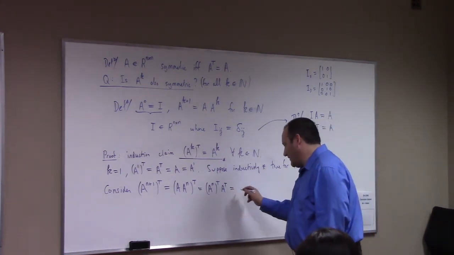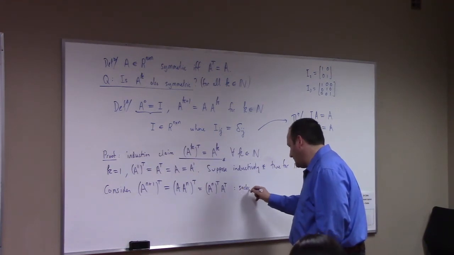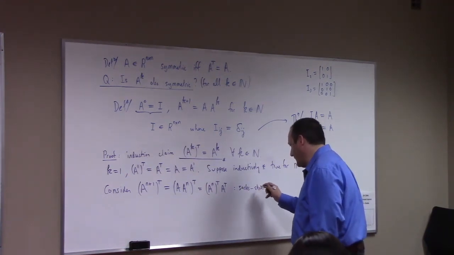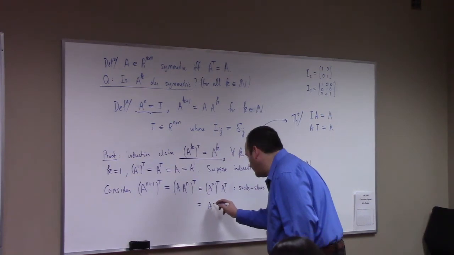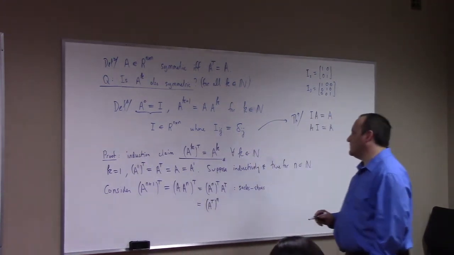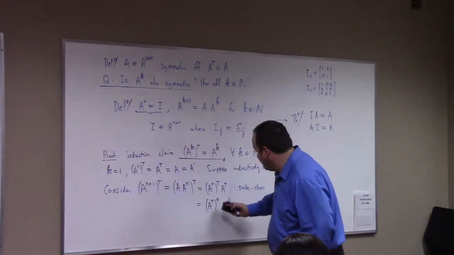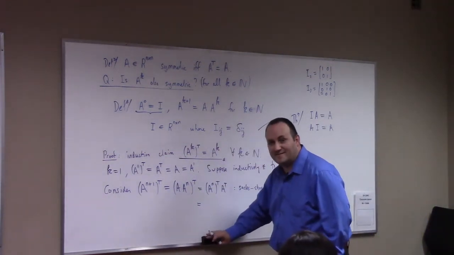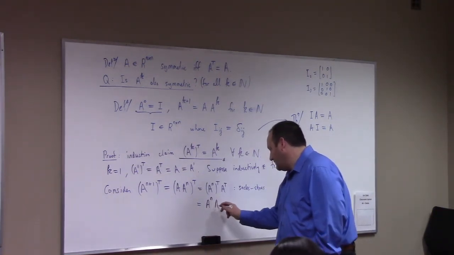Then by the induction hypothesis, this, of course, is A transpose to the n, right? Oh, I'm sorry. I'm an idiot. What is that? Just what? I heard it. Somebody said it. Just A to the n. Thank you. And how about A transpose? Well, that's just A, right?